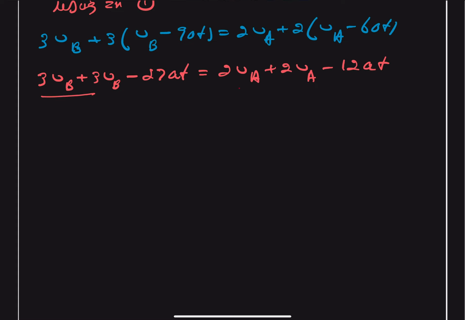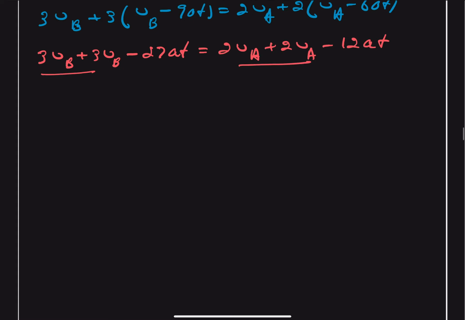This becomes 6VB and this becomes 4VA. So we can write this as 4VA minus 6VB is equal to minus 15AT. Let us call this equation number 2.